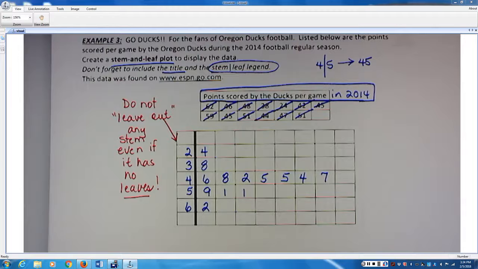If that 38 had been a 48, we would have still had to include the 30 stem, and then we would have had 48 here. But we had a 38, so we put it in there. You can't leave out the 30s, even if the 30s have no values that go with it. You have to keep that stem.